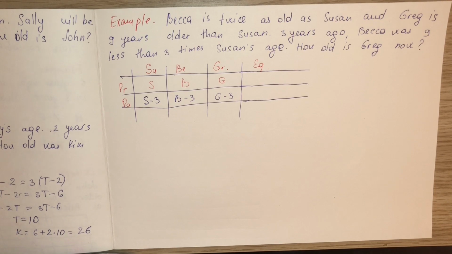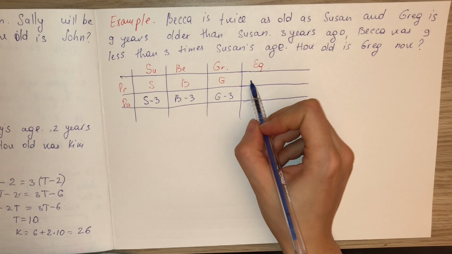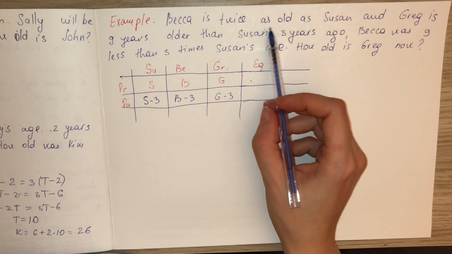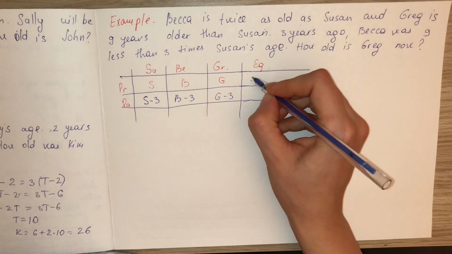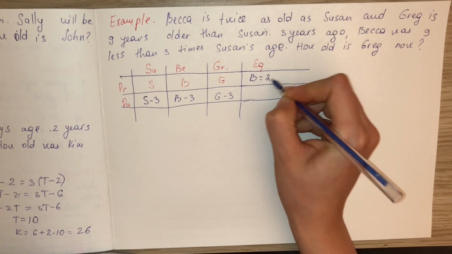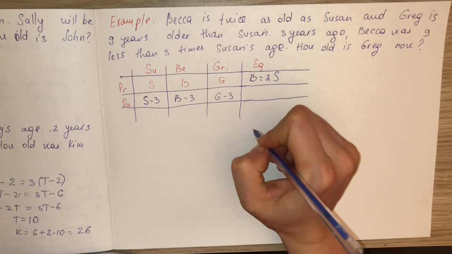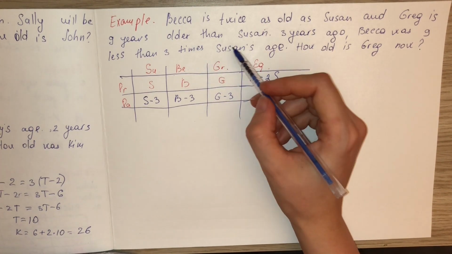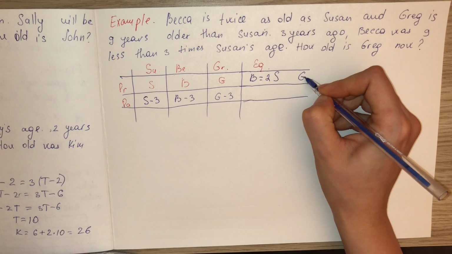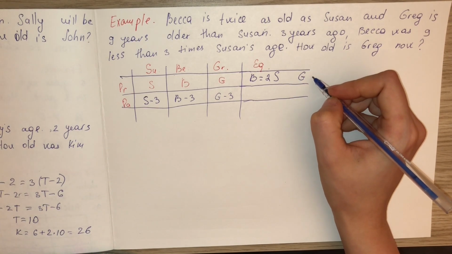And the equation is Becca is twice as old as Susan. And Greg is 9 years older than Susan.